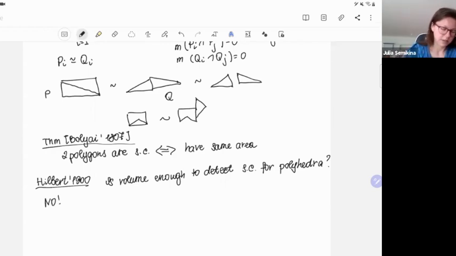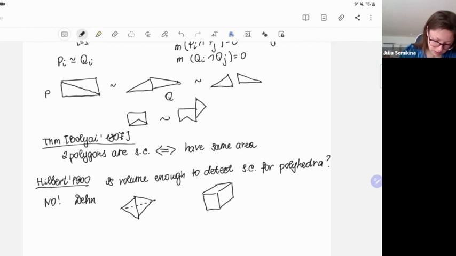And it was shown by Dehn that if you take a tetrahedron of volume 1 and if you take a cube of volume 1, they are not Caesar congruent.